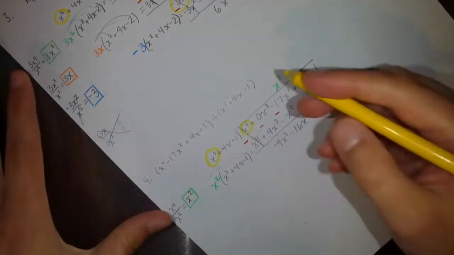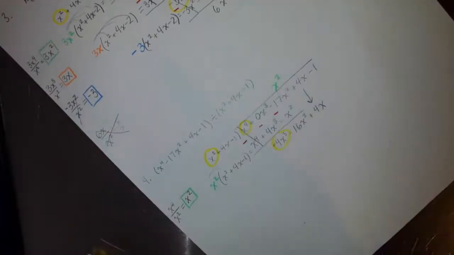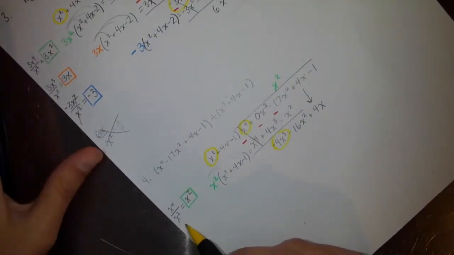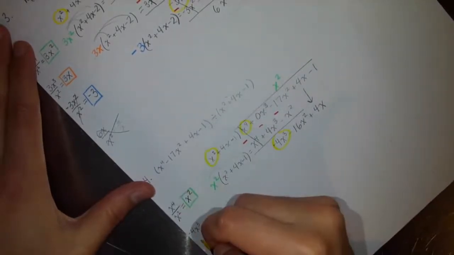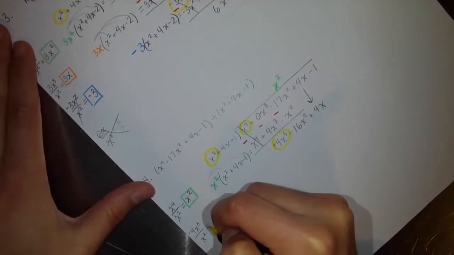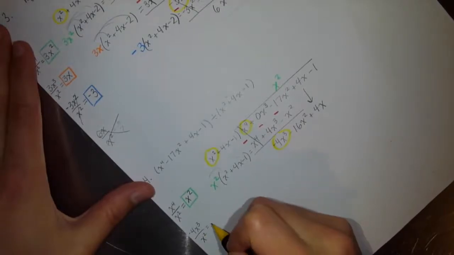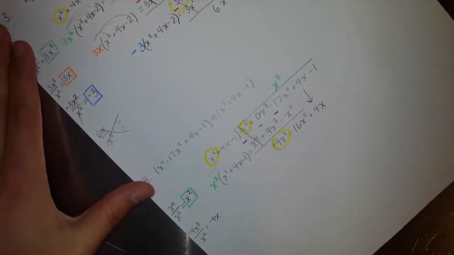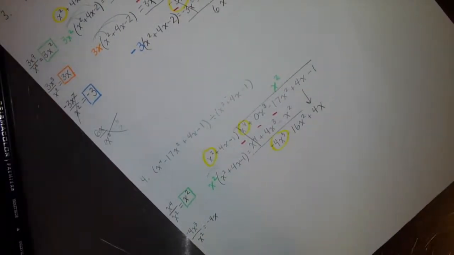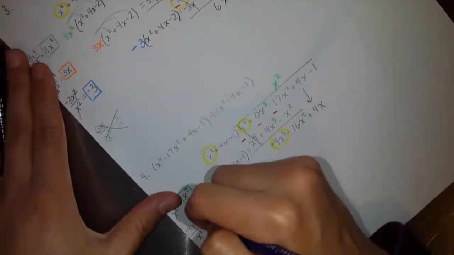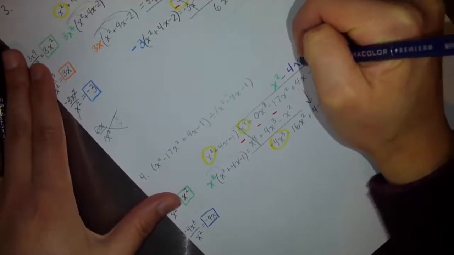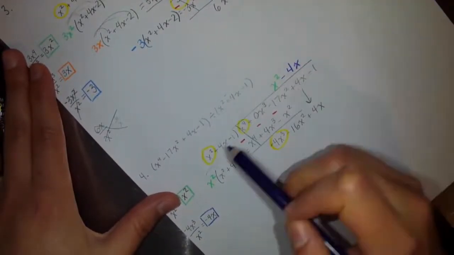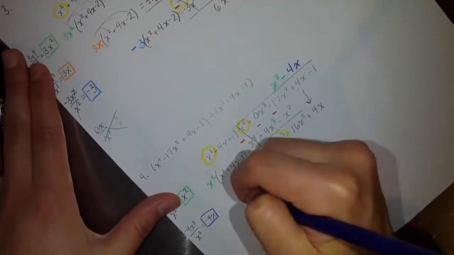Okay, so we look at our first term and divide it off to the side here. So this is negative 4x to the third divided by x squared. Subtraction rule, we're left with negative 4x. So that will be my next term up top. So this is minus 4x. And then I'm going to multiply this by what's on the outside.